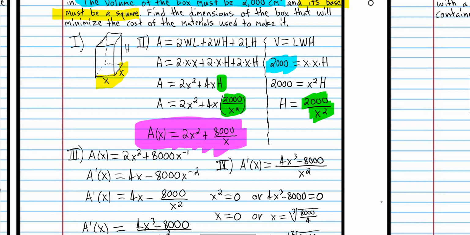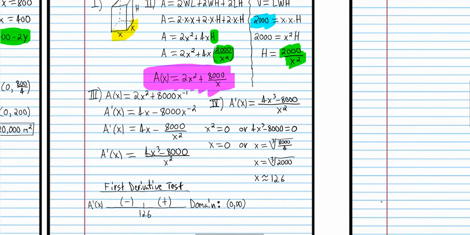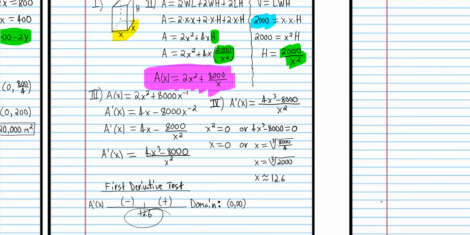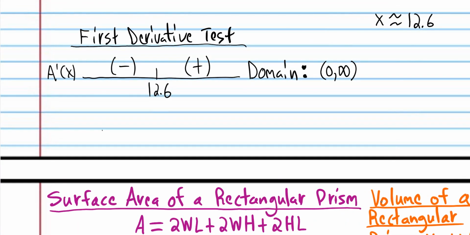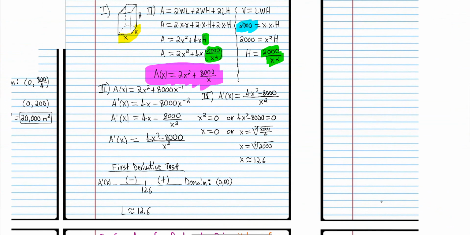So we need to find x that will minimize the cost, which we already did. That's going to be roughly 12.6. But we also need to find h. So h is given by this green expression up here, right? So the length is approximately 12.6, because remember, look at your picture up there.